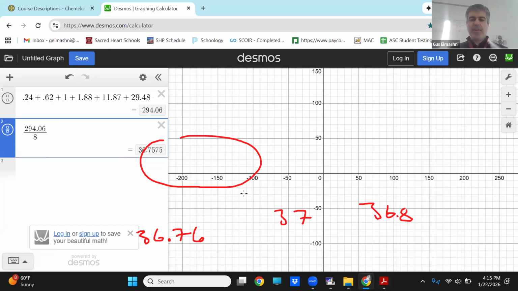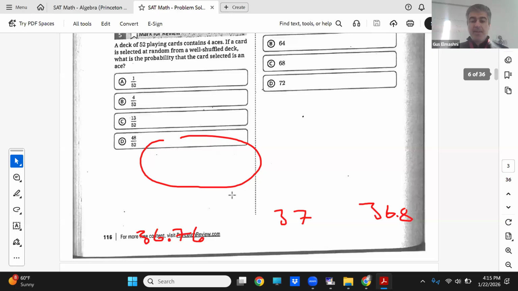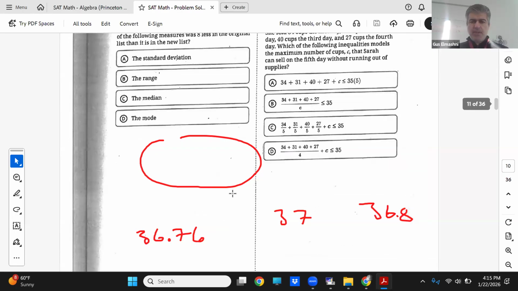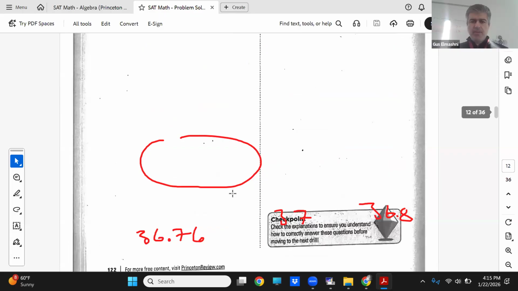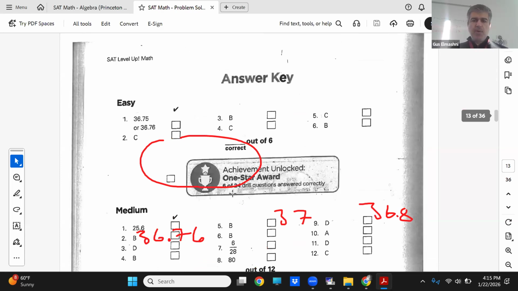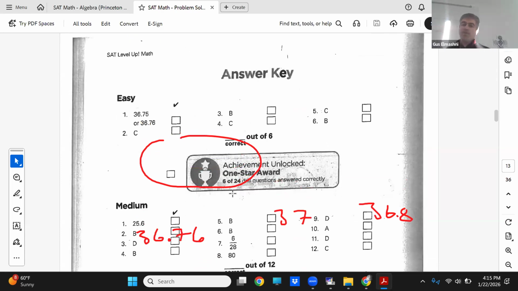So if we look at the answer key, I could have done something wrong when I punched it in. Let me see what the answer is. 36.75, okay, I made a mistake. But no, that's cool. Notice they accepted 2 answers, 36.75 or 36.76, because they did round up.